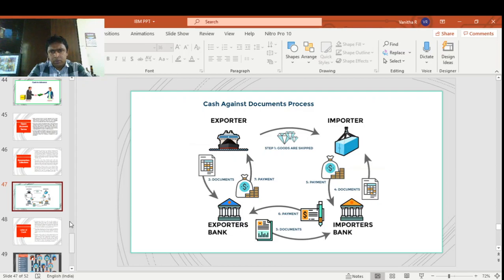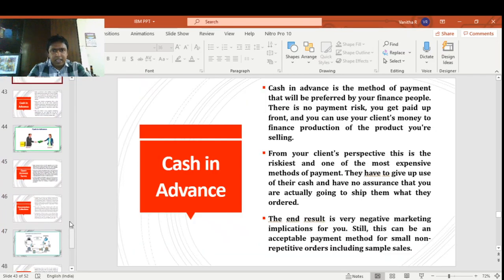At times you have to bear the expenses of storing, keeping it in a place or a godown which will be compliant to the products that you're selling. For all this process, an exporter needs money, which will be huge. He cannot put in his own money at certain times. Most of the times they take financial help.